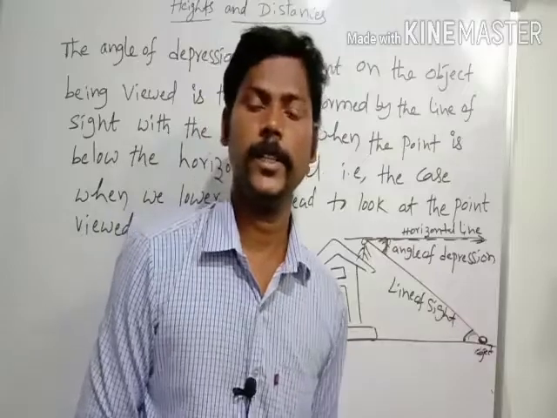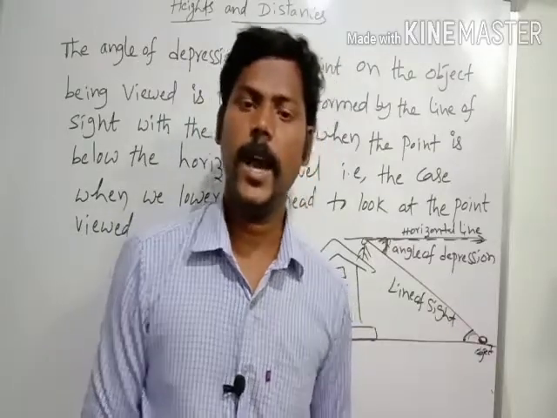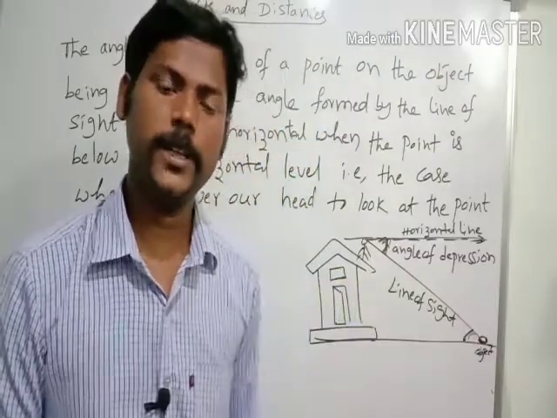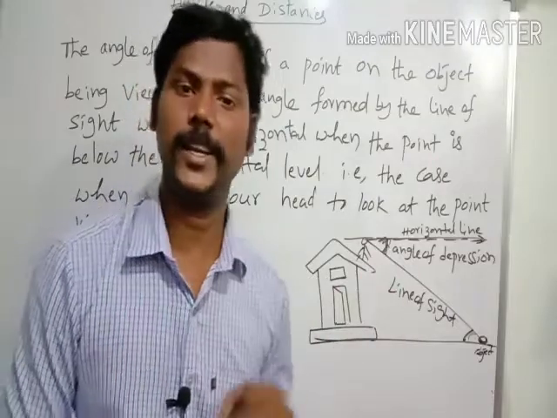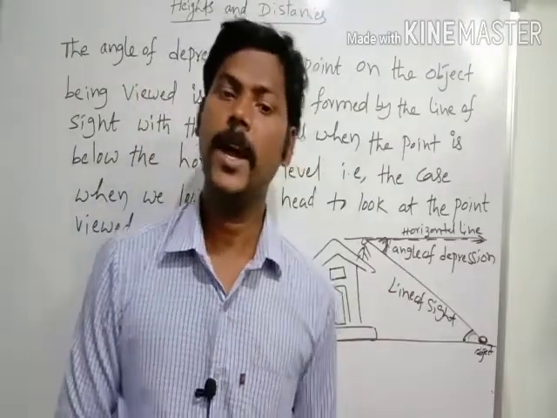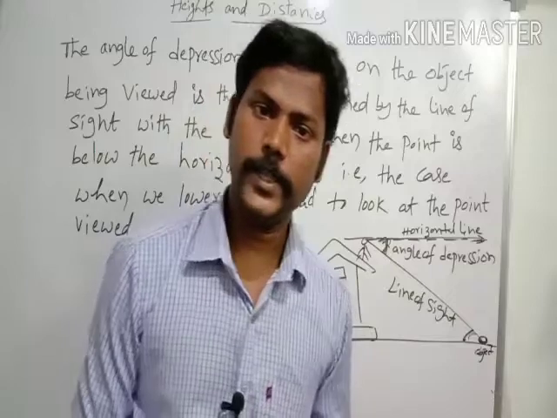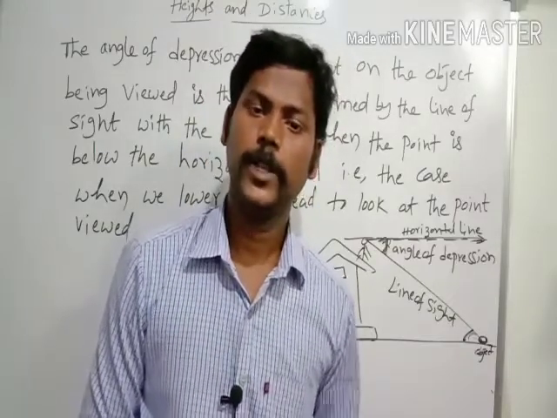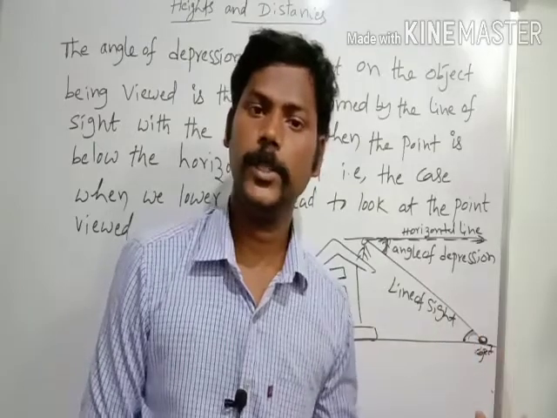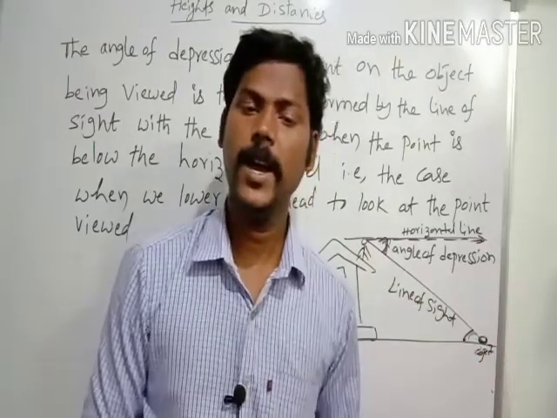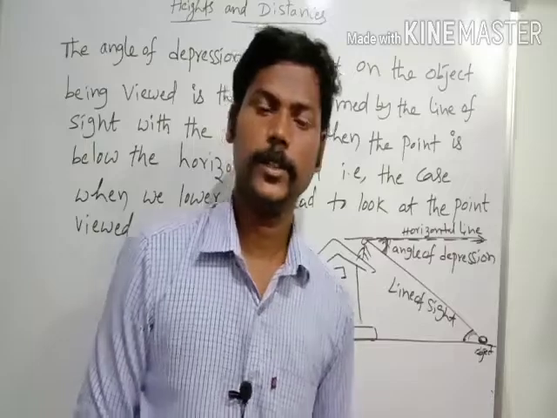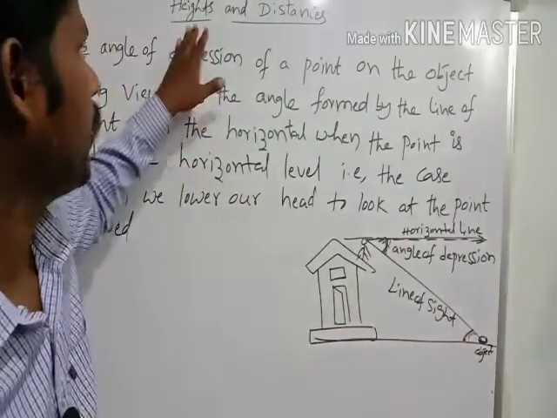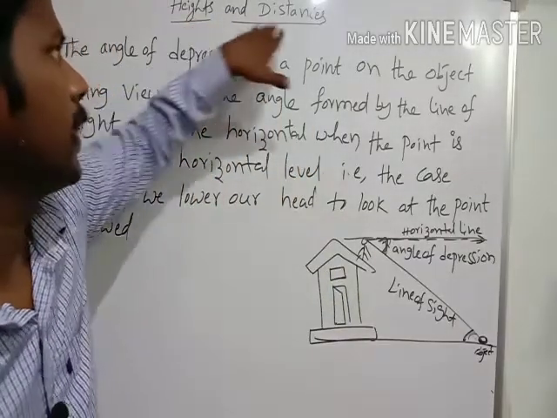So by using angle of elevation and angle of depression along with trigonometric ratios, we can find the height of the building and the distance between the building and the observer. Understood? So these are the uses of angle of elevation and angle of depression. We are using these two concepts to find heights and distances.